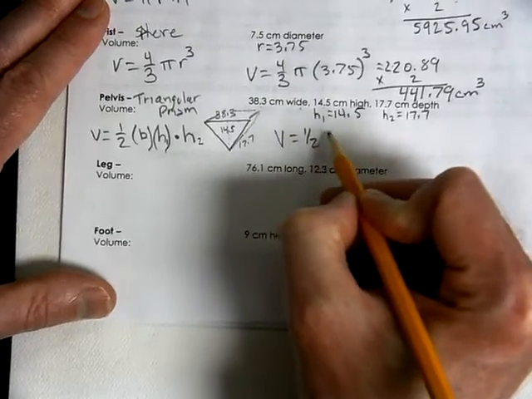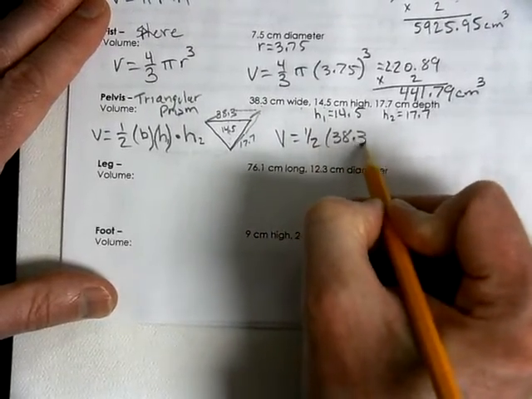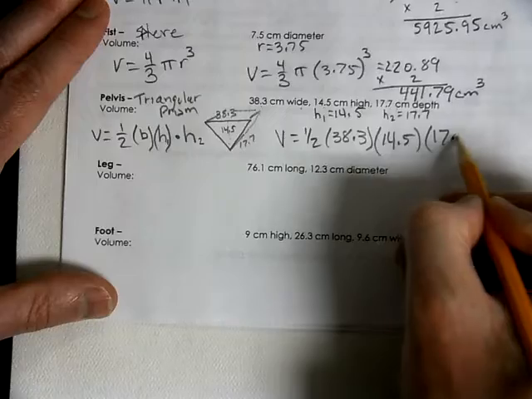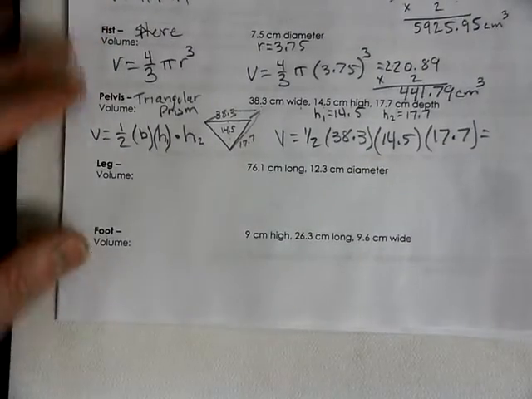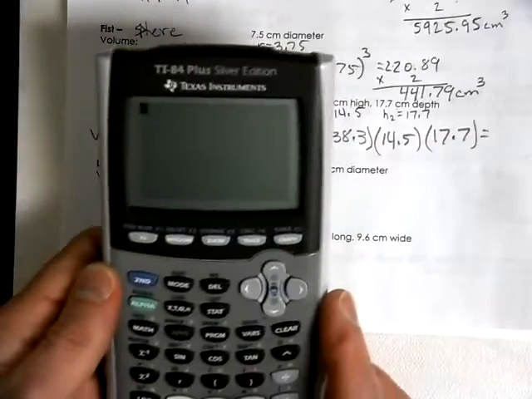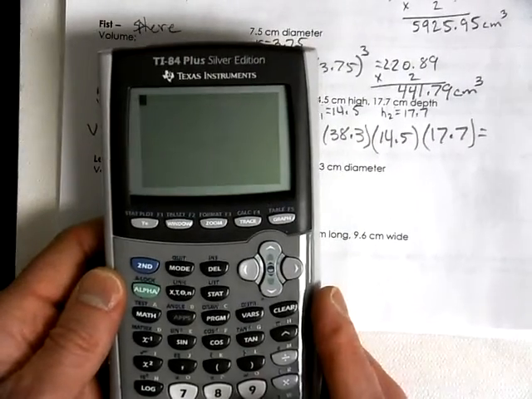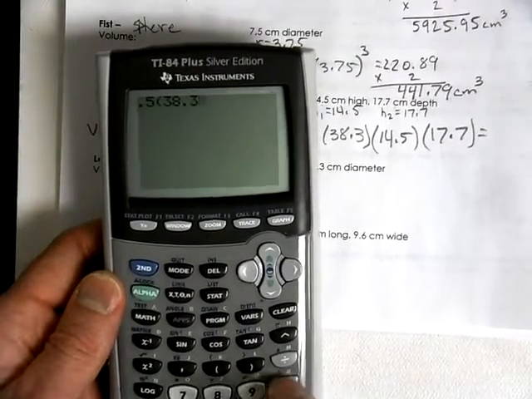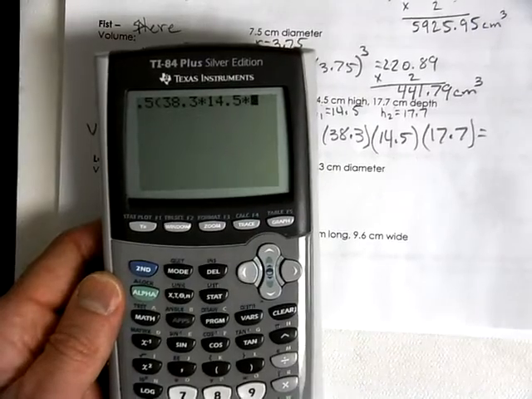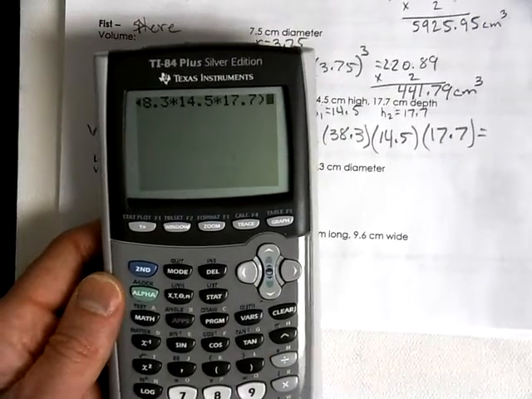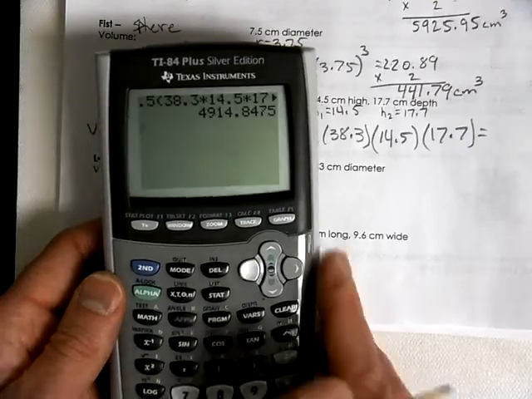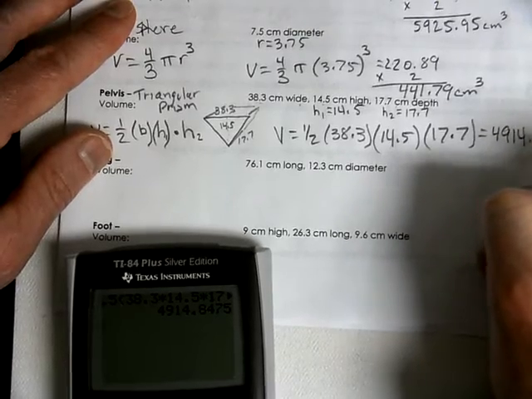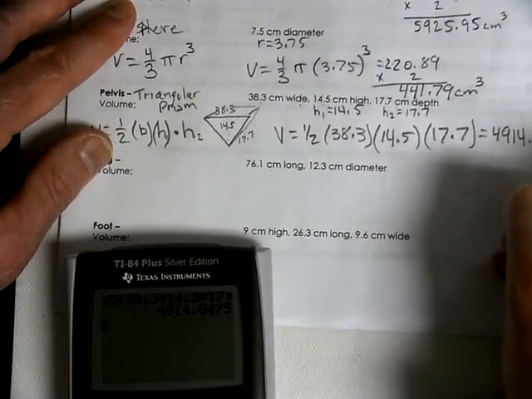So the volume is half times 38.3 times 14.5 times 17.7. We get 4,914.85 centimeters cubed.